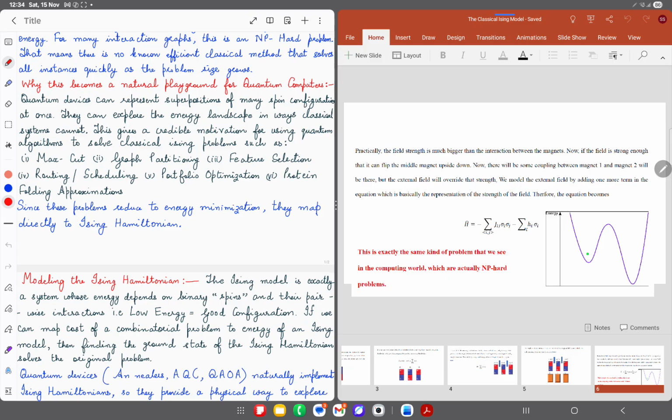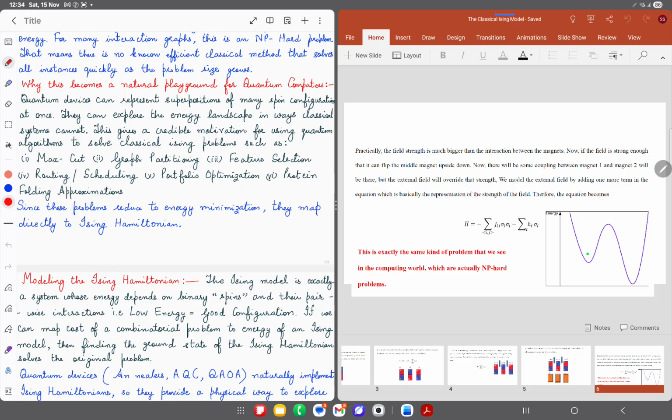The classical Ising model will help in achieving the minimum energy solution when we do the mapping of the combinatorial optimization problem with this Hamiltonian shown here.